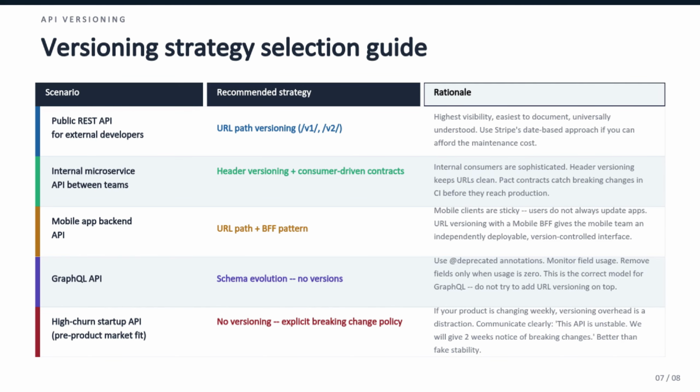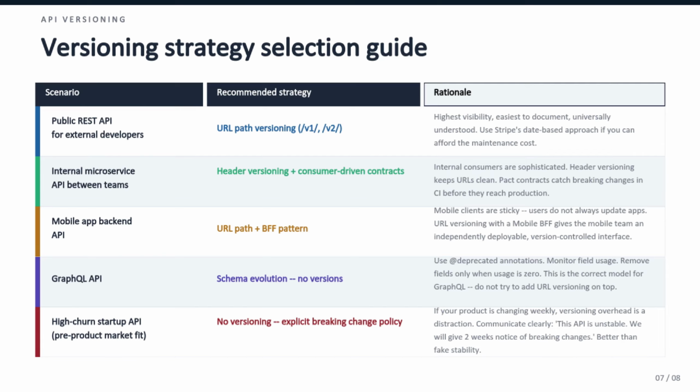Now, why this combination? Because internal engineering teams usually have better tooling, better CI pipelines, more mature processes. So header versioning keeps URLs clean, and then contract testing automatically catches breaking changes before deployment. Honestly, this combination works really well at scale for internal platforms.